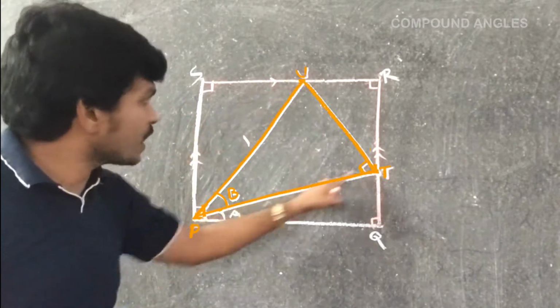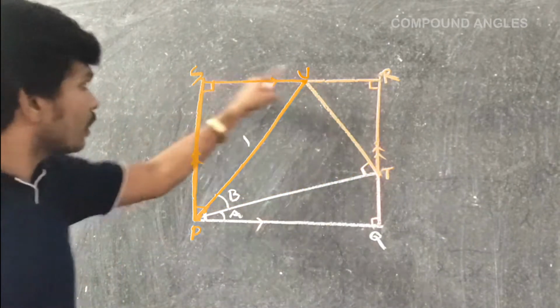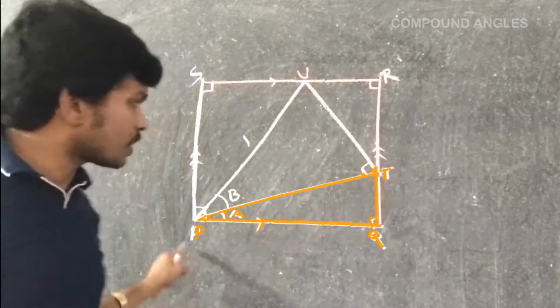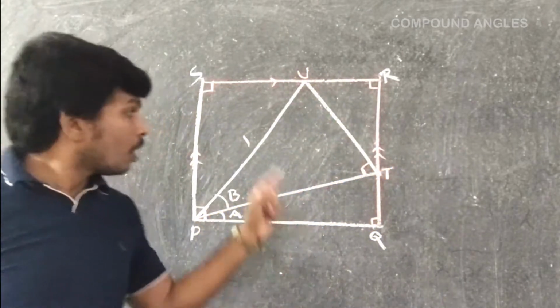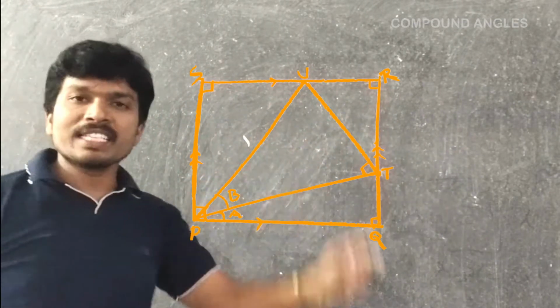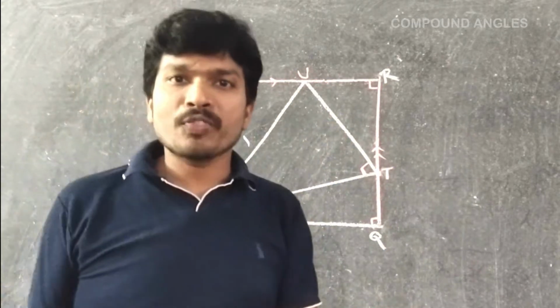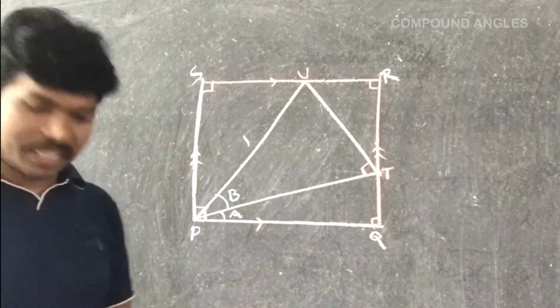This is one piece, this is one, this is one, this is one. Just 4 right angled triangles are there here. With the help of that, we can prove it easily.